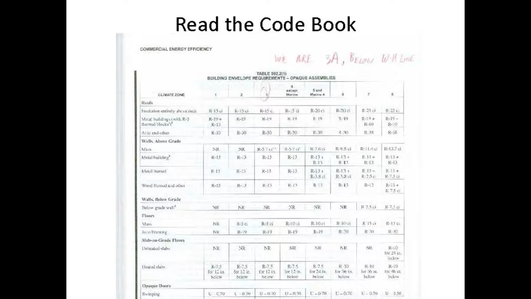It's usually R30 is around 9 inches thick, I think. And this chart will tell you the thickness of the insulation in your walls, under the crawl space. The code book also tells you the efficiency of windows and things like that. So you have to be familiar with the code book. Okay, next slide.